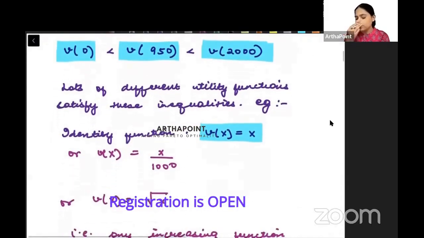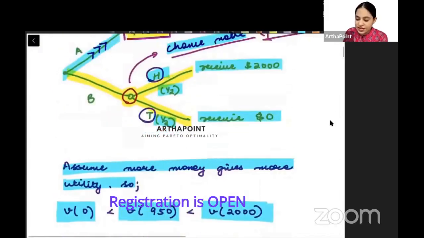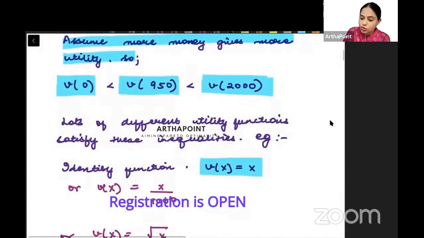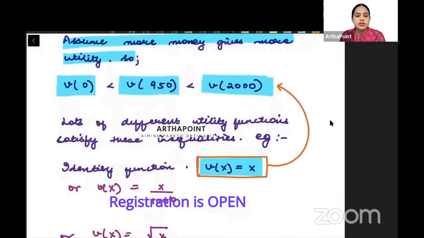Now let us try to think about, एक मिनट के लिए इसको भूल जाओ. Let us try to think about any utility function which satisfies this kind of preferences. ऐसा कौन सा यूटिलिटी फंक्शन होगा जो ऐसी प्रेफरेंसेस को सेटिस्फाई करे, जिसमें हमें ये दिखे कि जैसे जैसे पैसा बढ़ रहा है, as money is increasing the utility is also increasing.